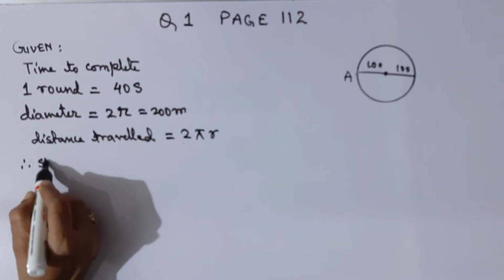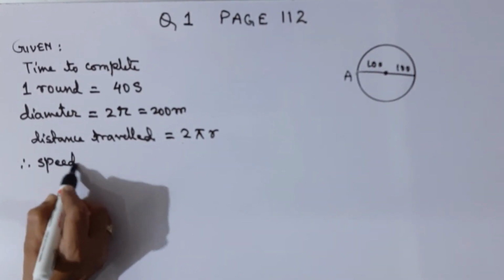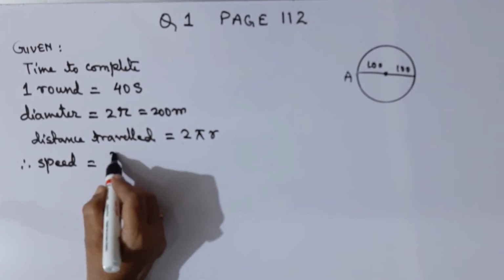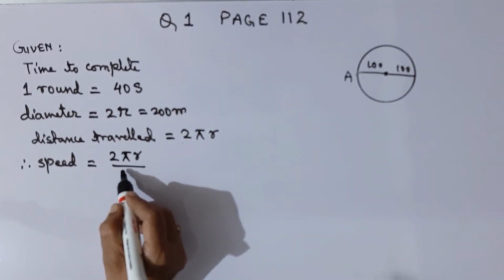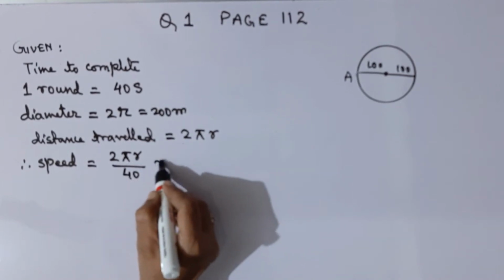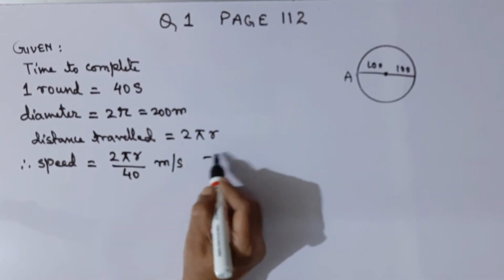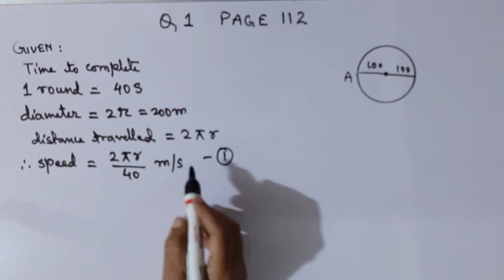Therefore, speed of athlete will be distance upon time, that is 2 pi r upon 40 meter per second. Now let us leave it like that. We will simplify it further.